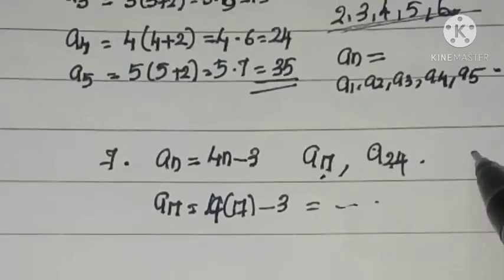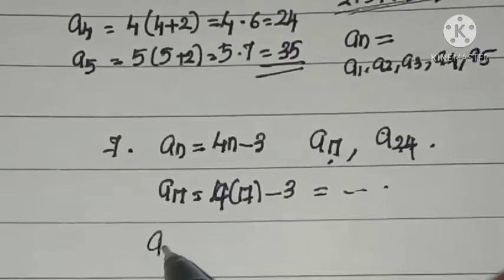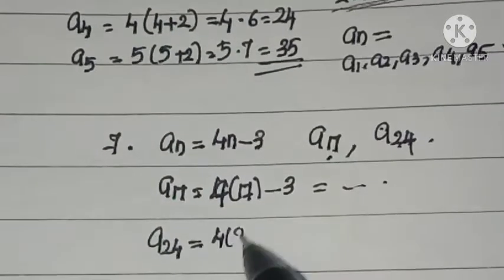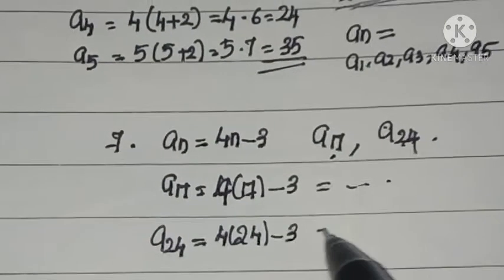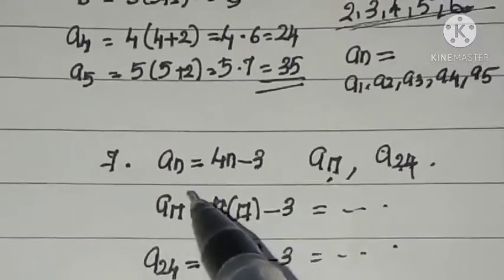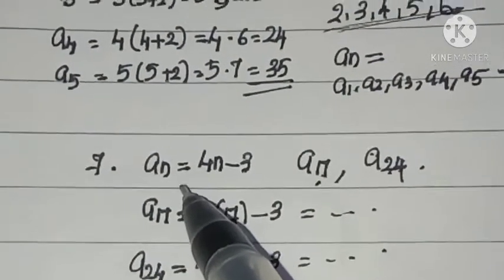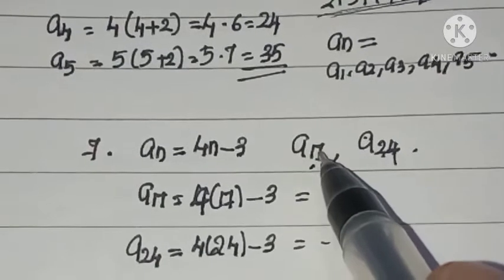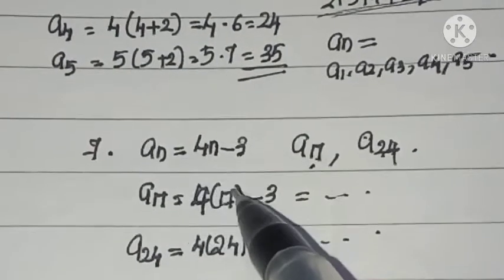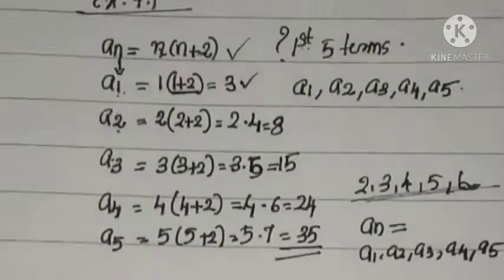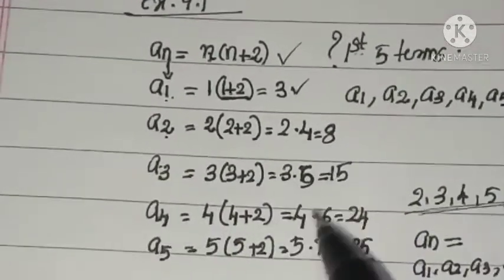To get the 24th term, a24, put n equal to 24. Then find the answer. So question number 7, 8, 9, 10, all these questions are to find indicated terms in an. So you can do exercise 9.1.